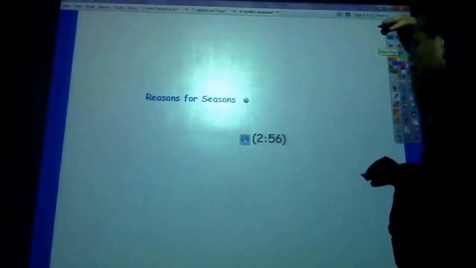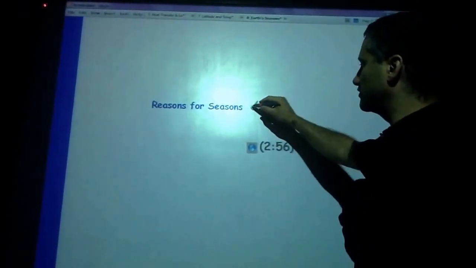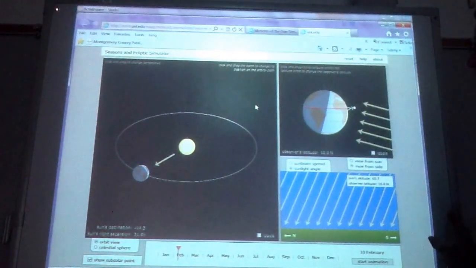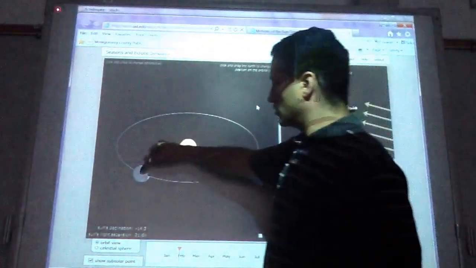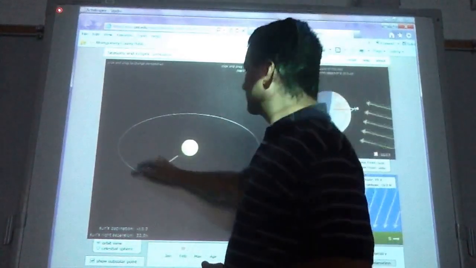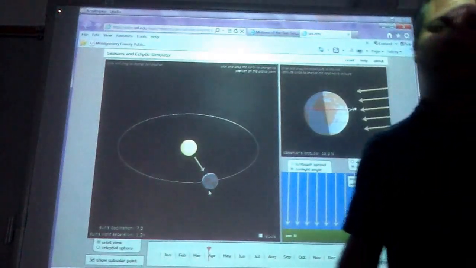But let's stick with seasons and specifically latitude and longitude. Let's take a look at this. All right, so here we have the Earth revolving around the sun. And I use the word revolving, not the word rotating.